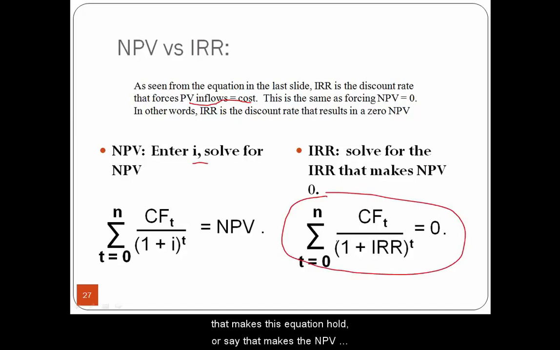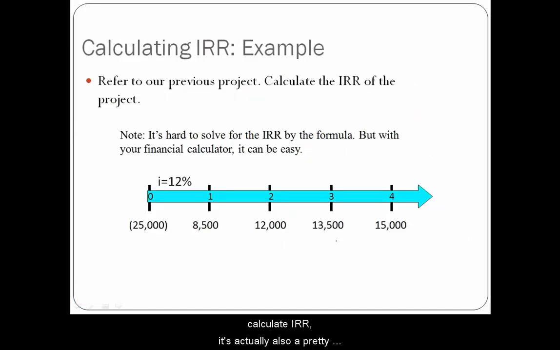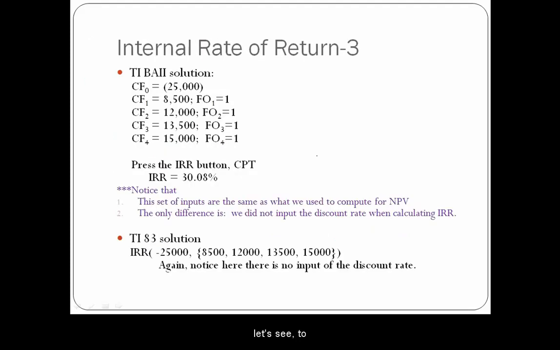If we want to calculate IRR, it's actually also a pretty simple task now. We are looking at the same example that we used to calculate NPV, and to calculate IRR, we are pretty much inputting the same way as we did with the NPV calculation.